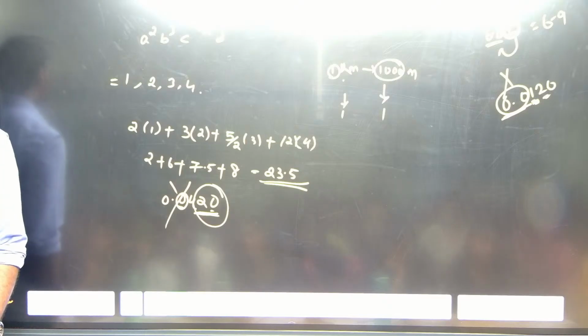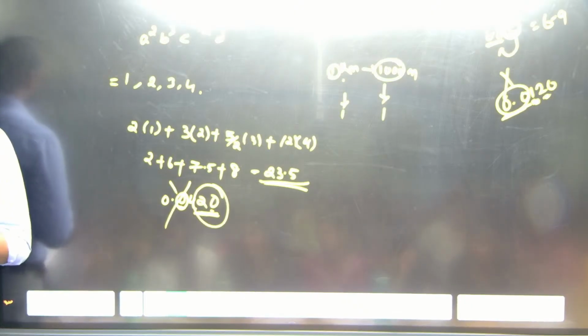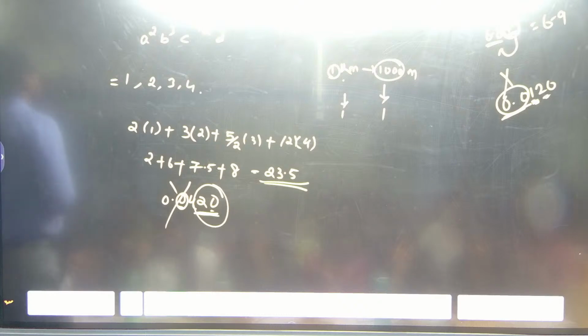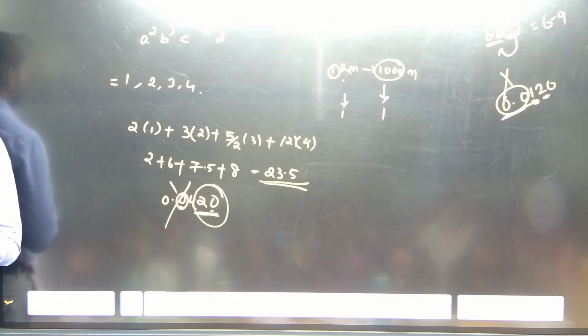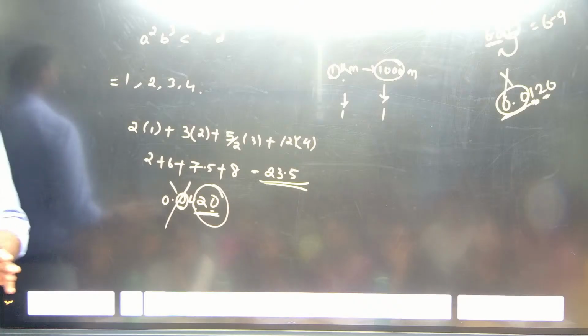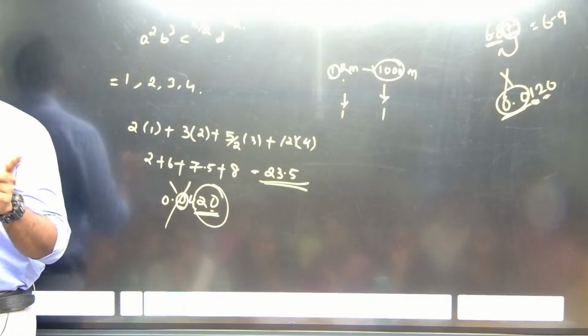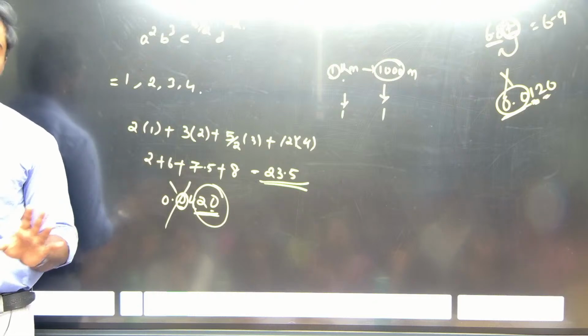Unaffected means it's not getting affected by anything, I can keep it as it is, and is left unchanged. Suppose they have given 6.84, 4 is less than 5. What is the answer? 6.8 only. I am not changing the previous value. If it is more than 5, the previous value is plus 1. If it is less than 5, I can leave it as it is, no need to do anything.